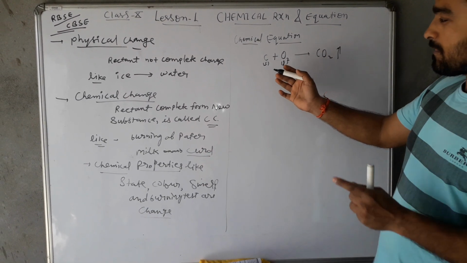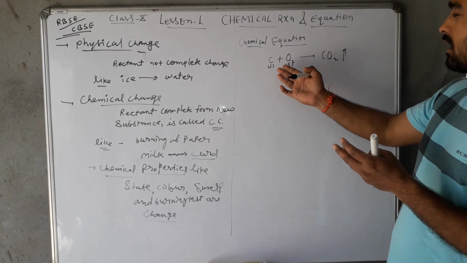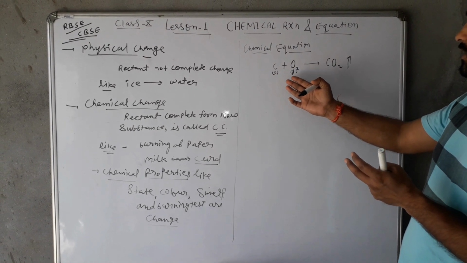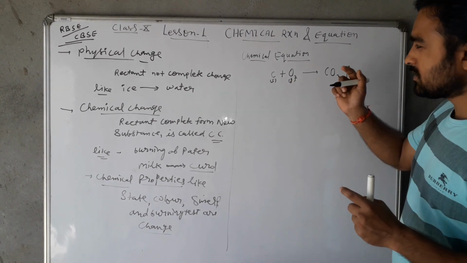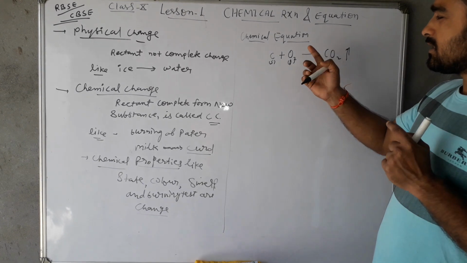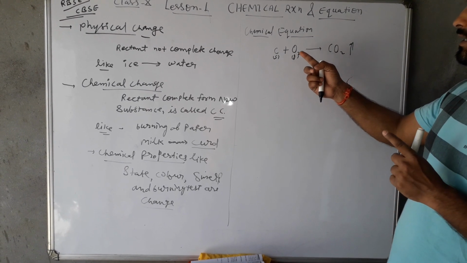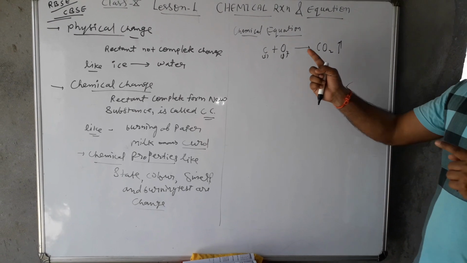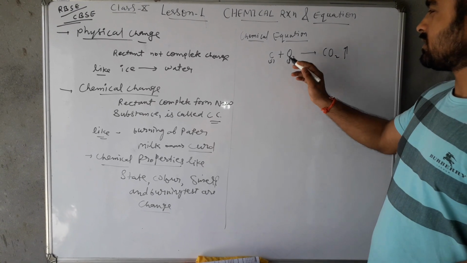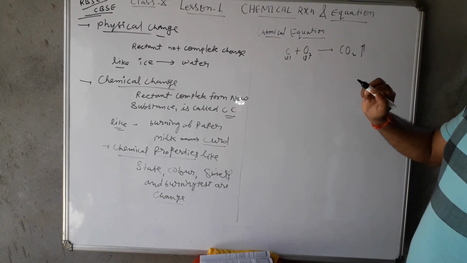When a chemical reaction is represented by element symbols, it is called a chemical equation. I repeat, a chemical reaction represented by element symbols is called a chemical equation.